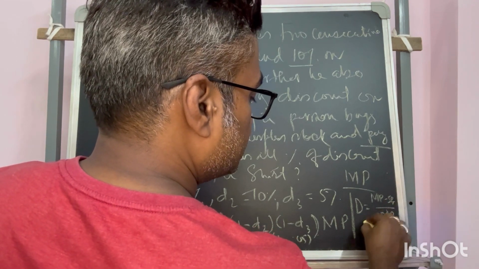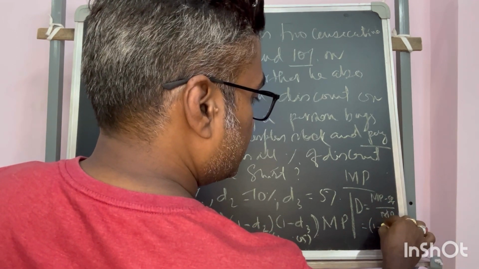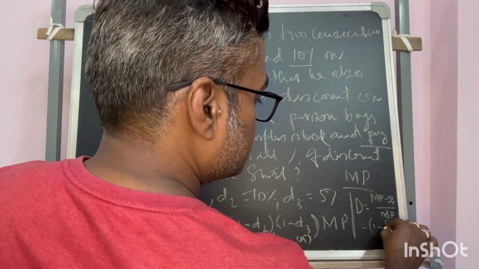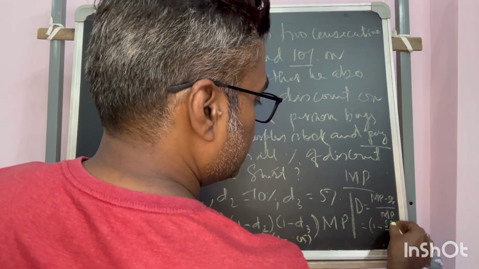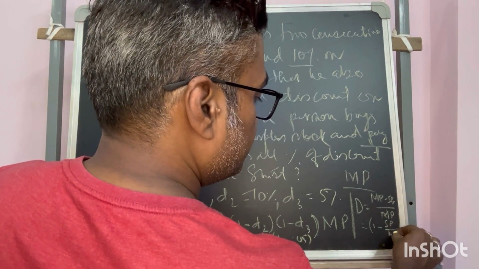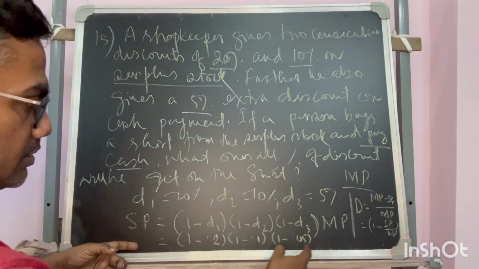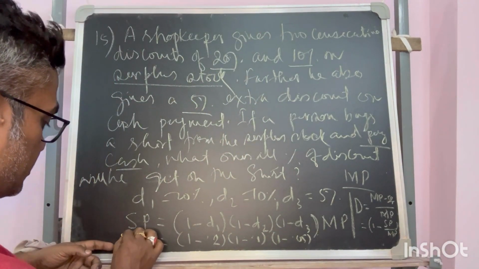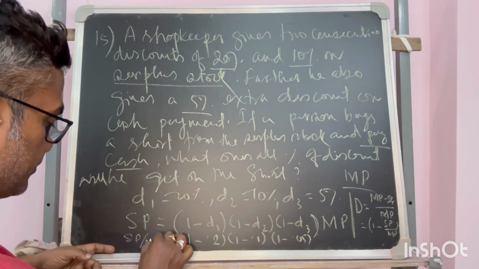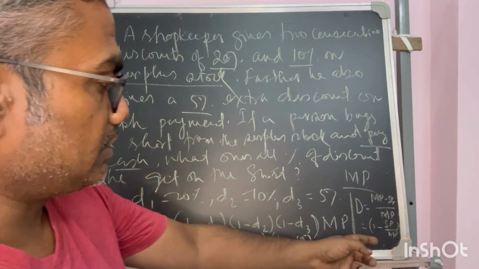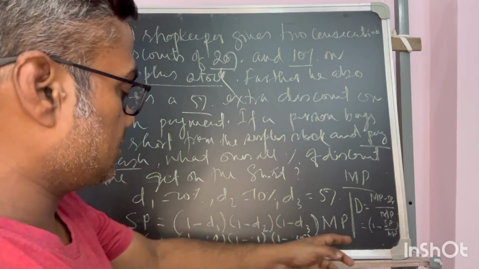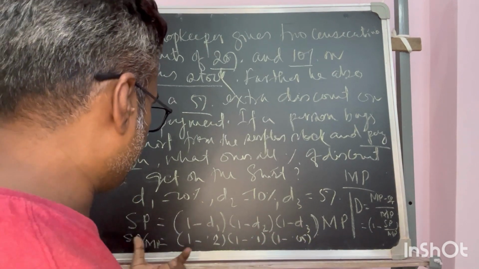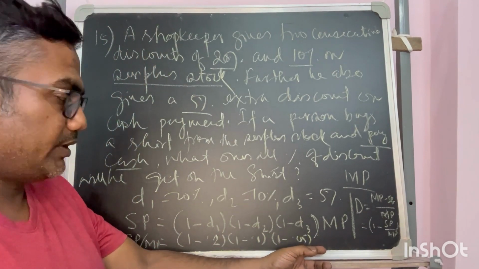That means 1 minus SP upon MP. If you calculate this and deduct from 1, you will get the final answer.